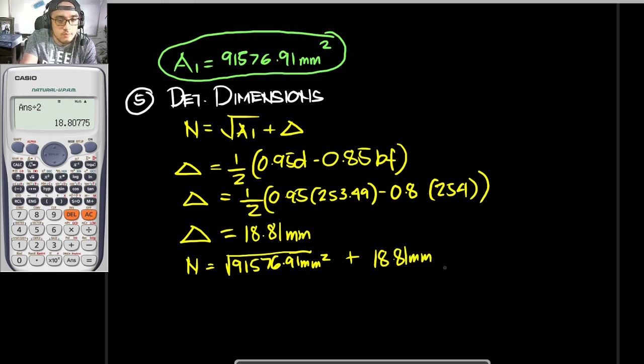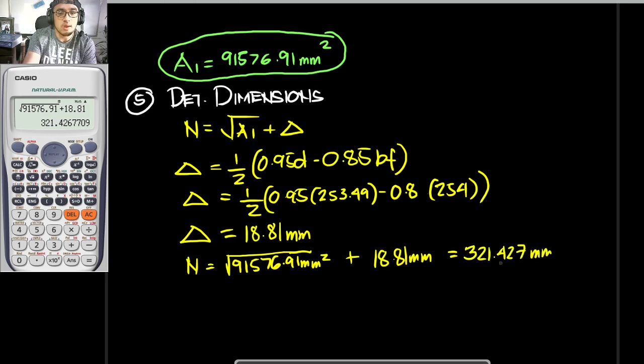Okay. So our answer here would be, so square root of 91576.91 plus 18.81. So our answer here would be 321.427 mm.